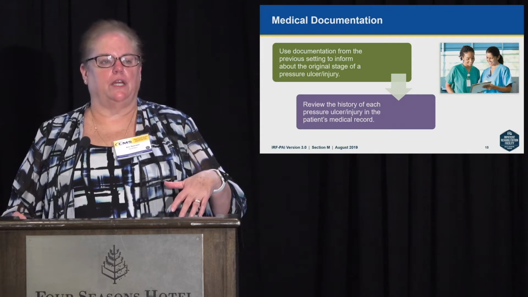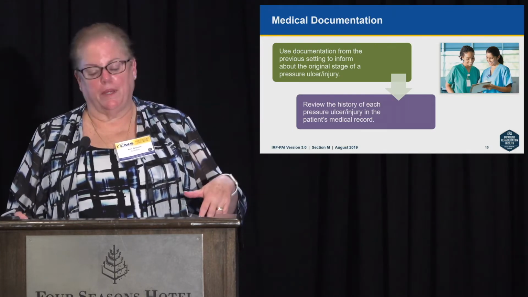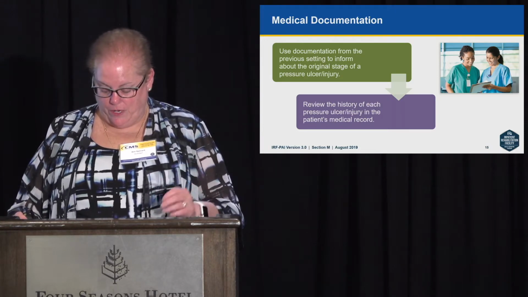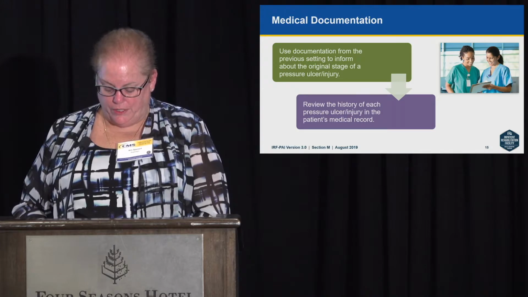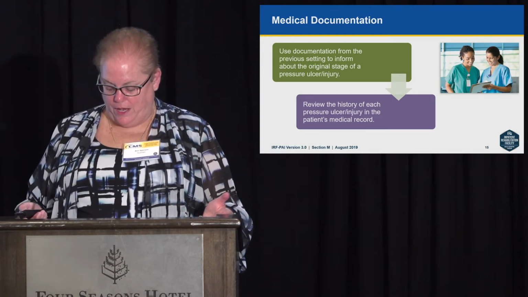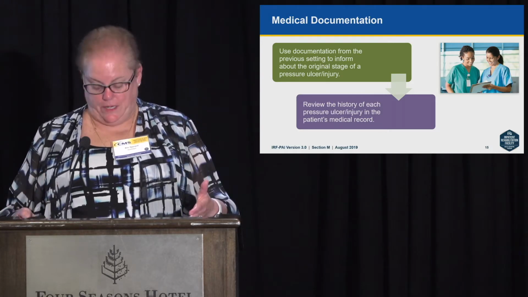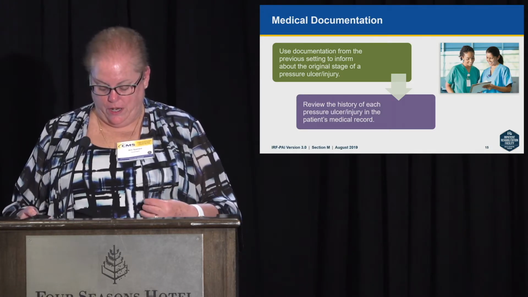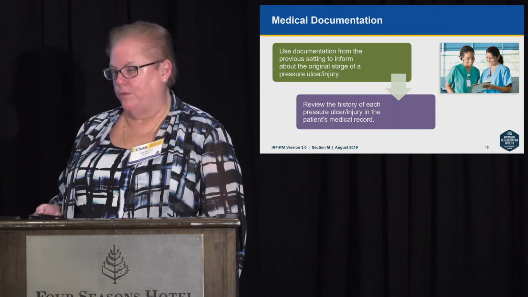You're unable to stage it, but they had told you it was a stage 3 prior to coming in. The first time that you're able to numerically stage it, you should look at that and say it was previously classified at a higher numerical stage or whatever. You can say it is now a stage 3. And it should be continued to be classified at the higher numeric stage.